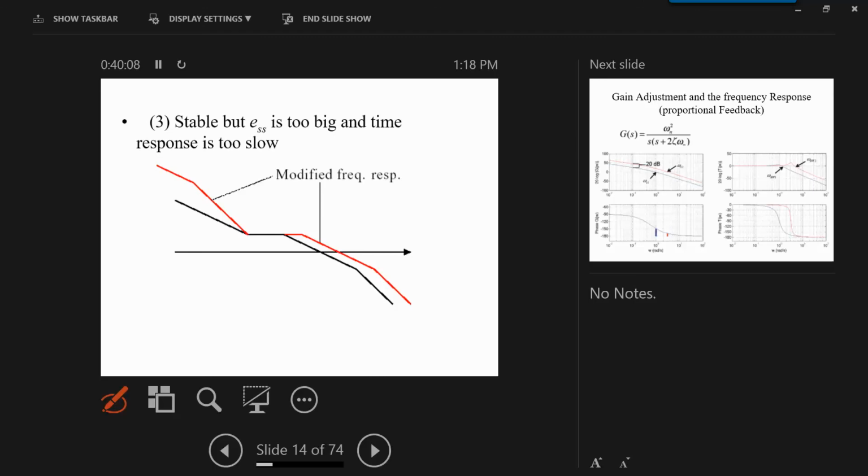Shifting the line, all the frequency response, you can shift it all together by simple gain feedback, proportional feedback. When we add gain, we shift the whole frequency response up and down. But this will result in changing the middle frequency, and sometimes we don't want to change it.